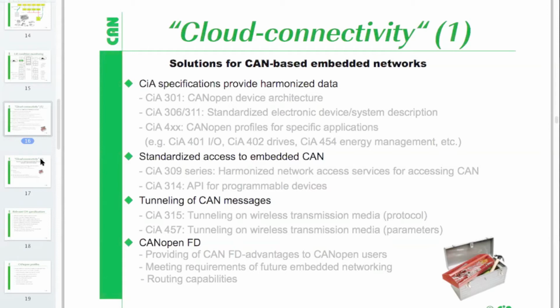It specifies plenty of things, mapping CANopen communication services on the embedded level into TCP/IP based frames, and the various CANopen services are mapped into commands like in Modbus or just a simple TCP/IP network. Even for Profibus, we do have a part of this specification. So the standardized access is already specified as well.